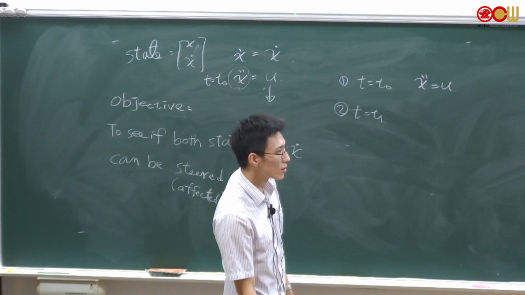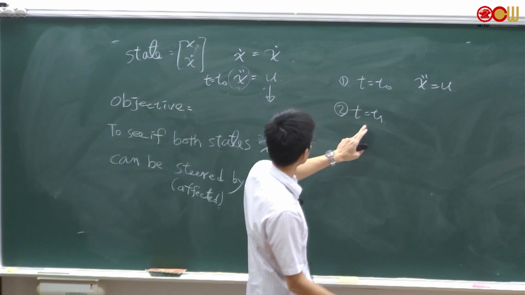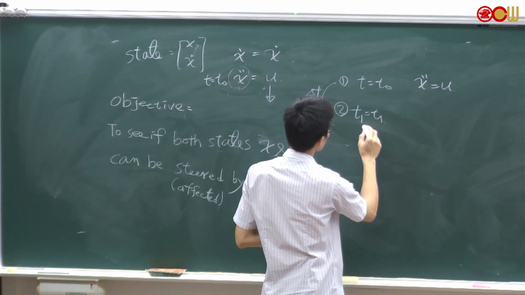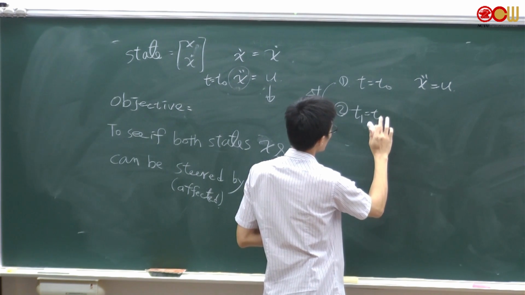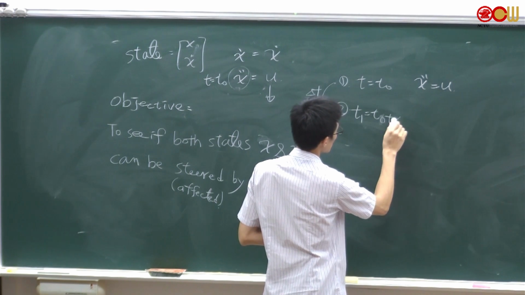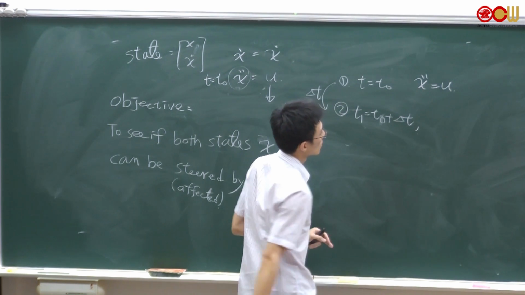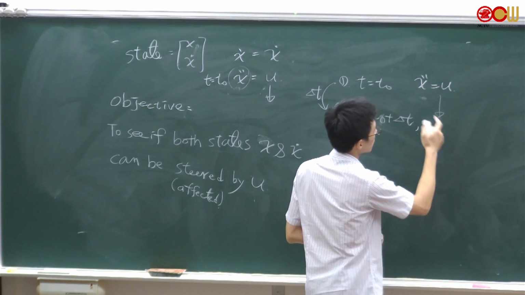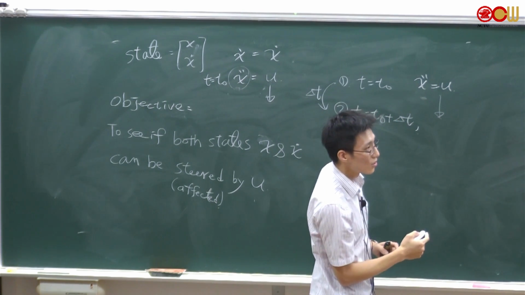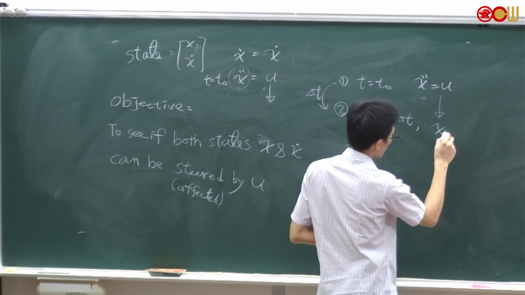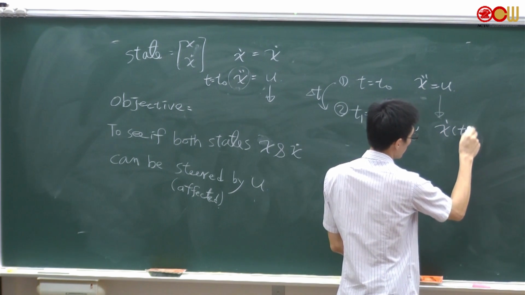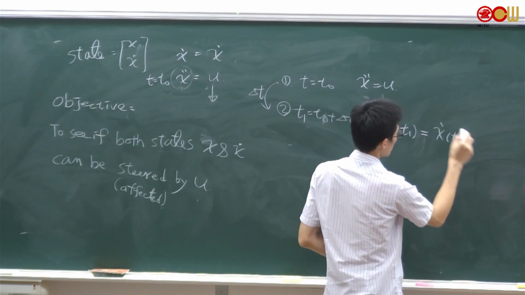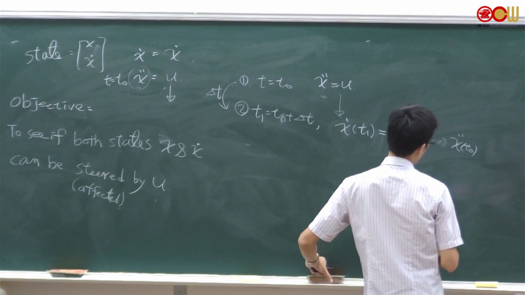After the duration delta t, t1 equals t0 plus delta t, and the acceleration here, if you do the integration, you will obtain that x dot at t1 will be x dot at t0 plus the acceleration times delta t.